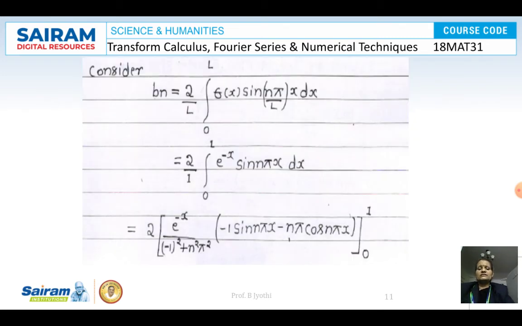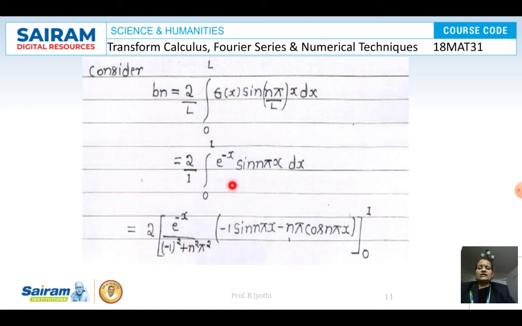So consider this bn. Bn is given by 2 by L integral 0 to L f of x into sin n pi by L of x dx. So 2 by L integral 0 to 1 e power minus x into sin n pi x dx.